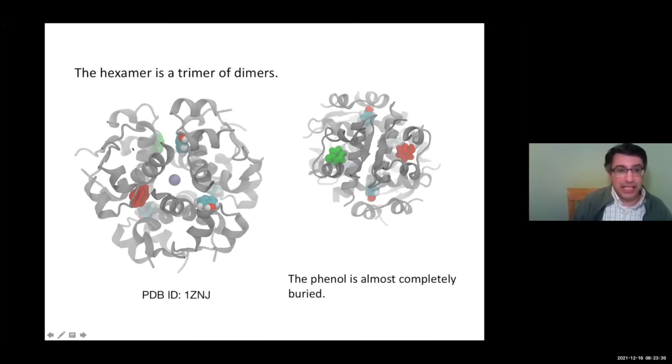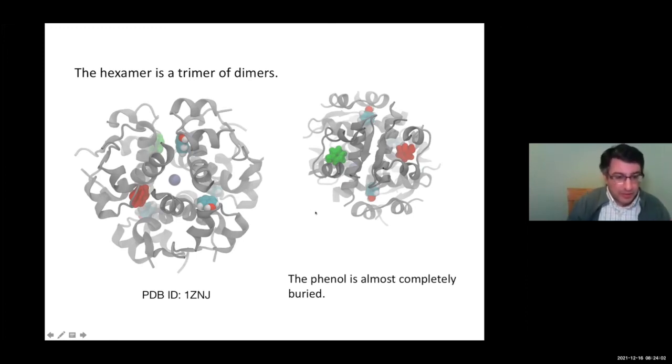So if I rotate the hexamer, I've got one dimer here, one dimer here, and one dimer here, okay? You can see that there are 6 phenols found in this structure. And it's a little bit difficult to appreciate from this representation, but the phenol is really buried. If I were to show you all the atoms, you wouldn't be able to see the phenol at all. So it's really a rare event for it to leave.